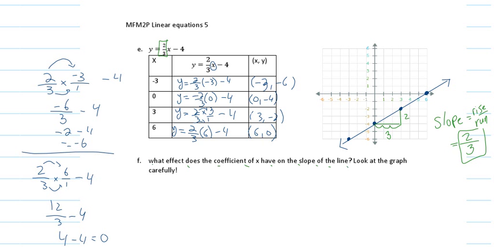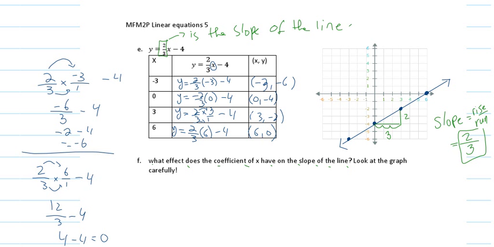It is the slope. So that coefficient of the x, the number that comes right before the x, is the slope of the line. Is that just continuous or is that every time? It's every time.